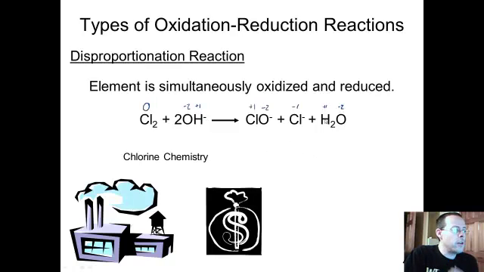So notice hydrogen's a +1, hydrogen's a +1, oxygen's a -2, oxygen's a -2. So nothing is happening with oxygen and hydrogen. It's not being reduced or oxidized. However, chlorine is being oxidized into this hypochlorite, and then chlorine is also being reduced into chloride ion.